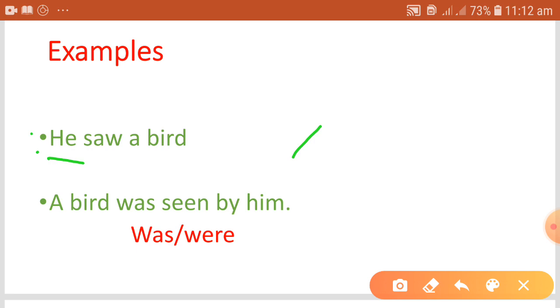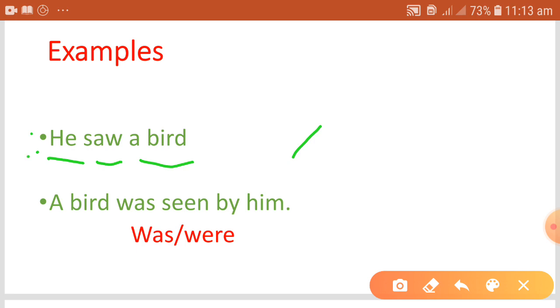Yes, saw is the verb in that sentence, and the remaining part, that is the object, means a bird is the object. Means we find out three things: subject, verb and object. So he is the subject, saw is the verb and a bird is the object.